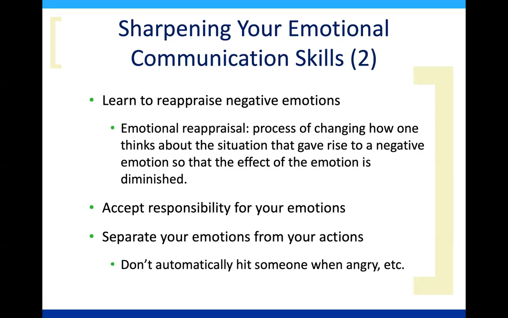We need to stop our brain from going there immediately. So we need to look at the situation and try to retrain our brain to come up with an emotional reaction that is no longer negative. We have to train it to think of something that is neutral, positive would be even better. But that's the whole process of emotional reappraisal.